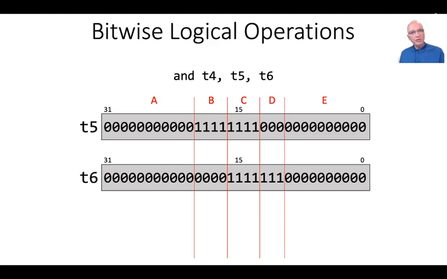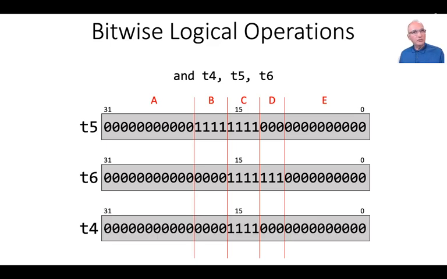When I do a logical AND, the result is 1 if and only if both inputs are 1. So the only region that will result in a 1 for an AND operation here will be region C. All the other regions will result in a 0 because at least one of the inputs is a 0.